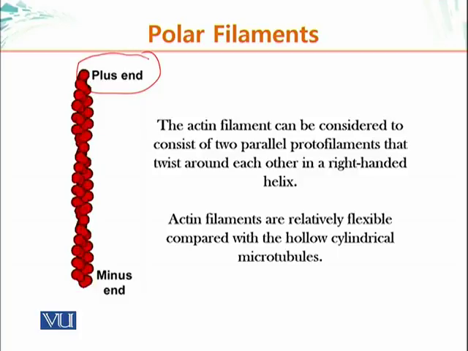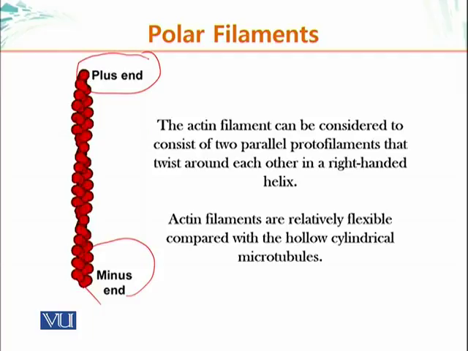That is the plus end. And the minus end is referred to as the pointed end because of the arrowhead appearance of myosin heads when they are bound along a filament. So the plus end is the barbed end, and the minus end is the pointed end.